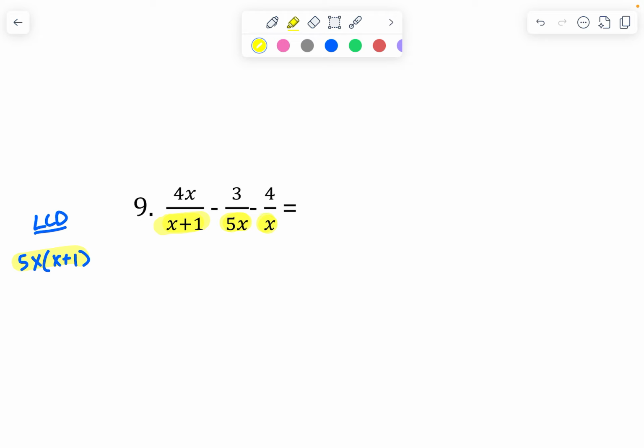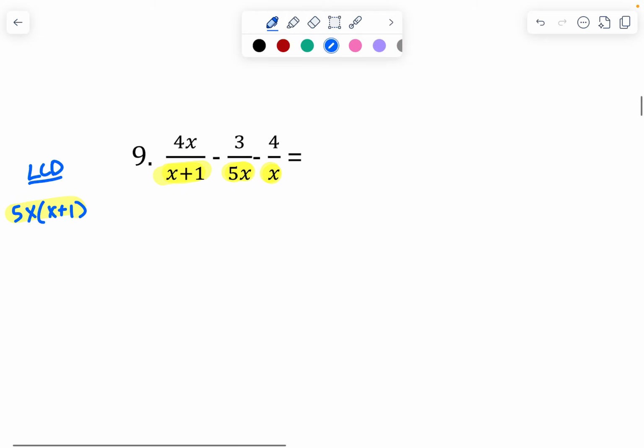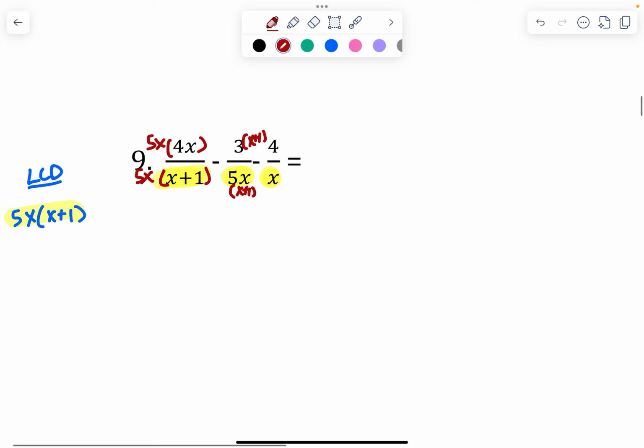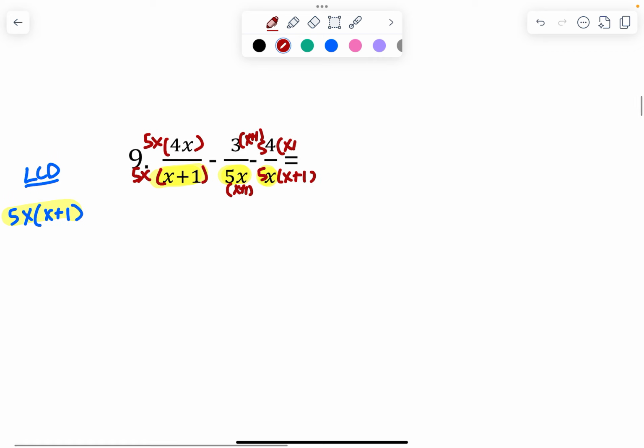So our first fraction just needs the 5x. My second fraction needs the x plus 1. And my third fraction needs the 5 and the x plus 1. Okay, and so my LCD is 5x(x plus 1).